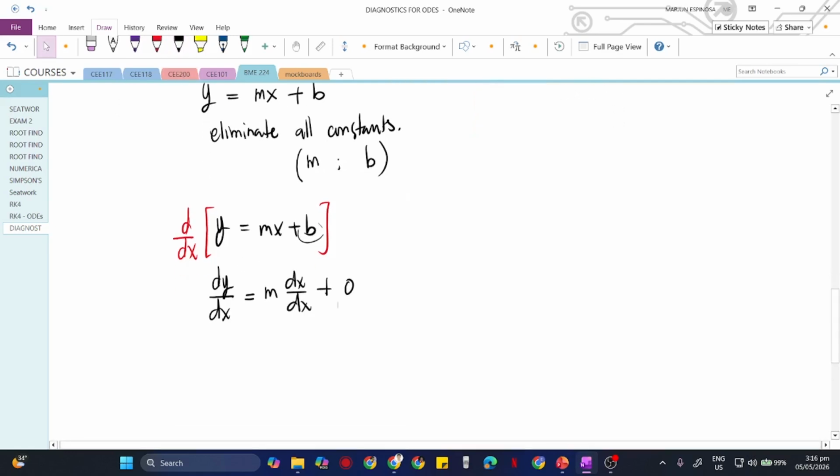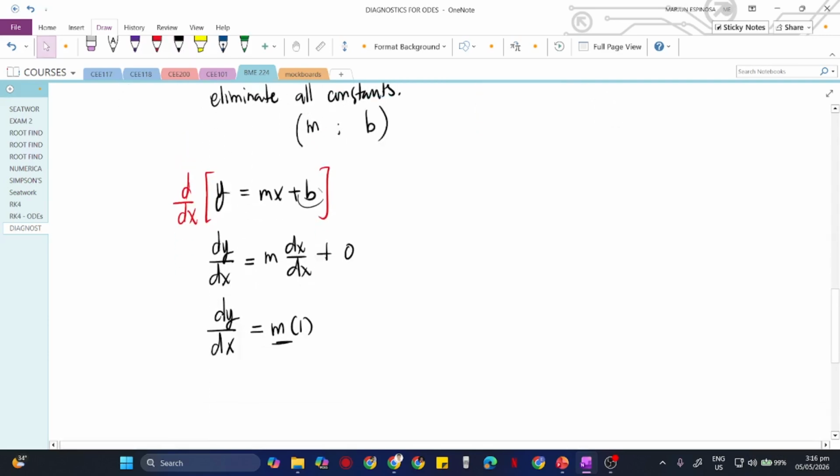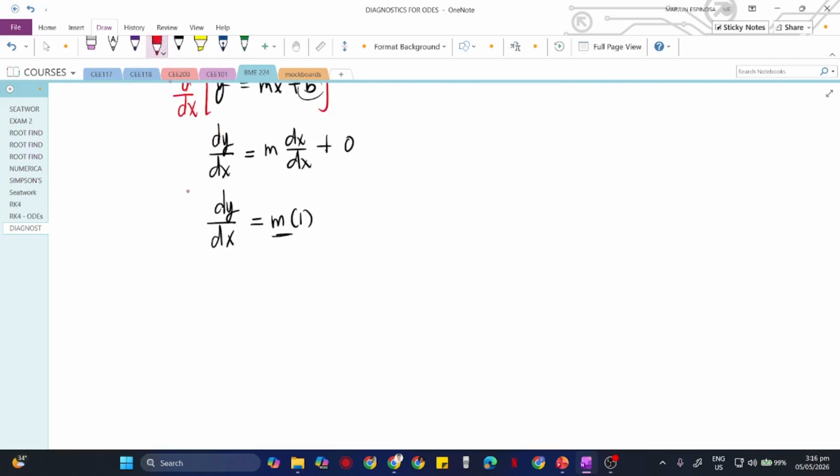Now, we have dy over dx equals m times 1. But we're not done yet kasi etong m is still a constant. We need to eliminate that one. Okay? To do that, we'll do another differentiation. We will take the differential of this one, and that is obviously equivalent sa second derivative ng ating y with respect to x, and that will become equal to 0.